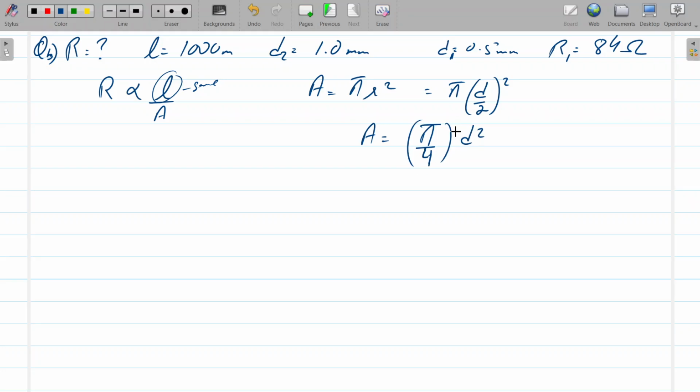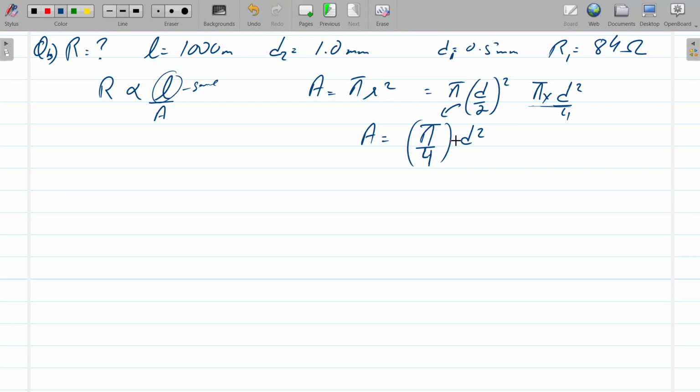Do you know what happened over here? No. Right, so you just do the square part, right? What's d over 2 squared? d over 2 squared is d squared over 4, right? Pi into d squared over 4, right? And so the 4 is the denominator for the whole thing.